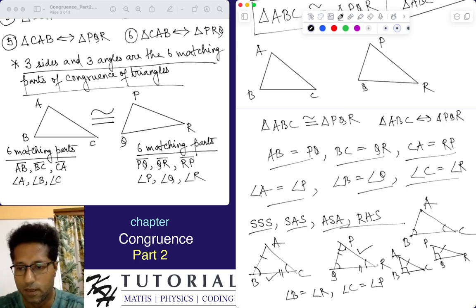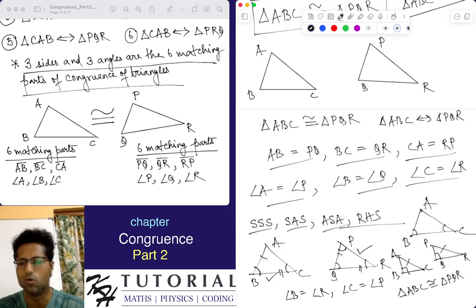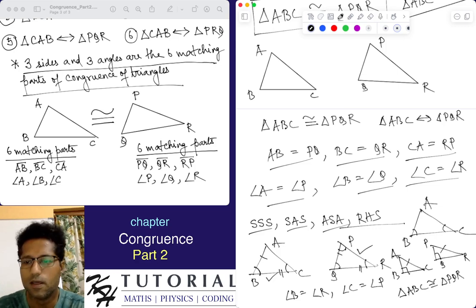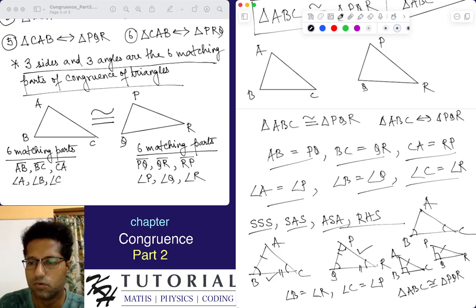So if the congruency that we are trying to verify is with this triangle PQR, then we know that in triangle ABC, if CA is the hypotenuse, then RP will be the hypotenuse in triangle PQR. And so now we will check whether AB is equal to PQ or BC is equal to QR or not.